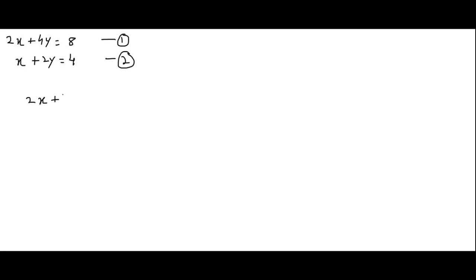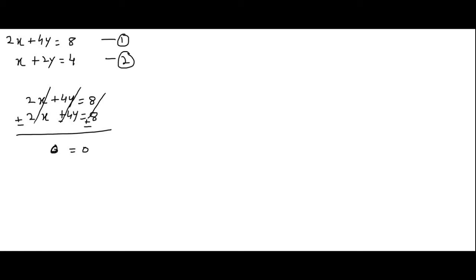2x plus 4y is equal to 8 and 2x plus 4y is equal to 8. Now we subtract. We see that all the terms cancel, so we get the result 0 is equal to 0.